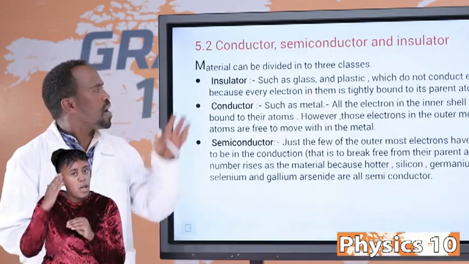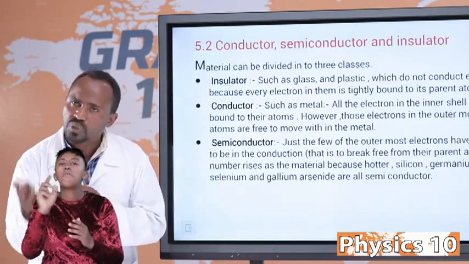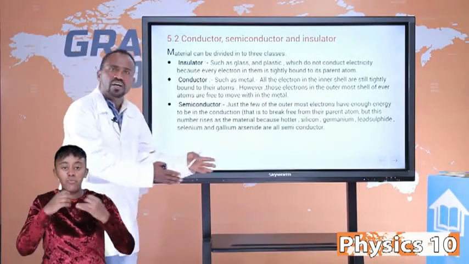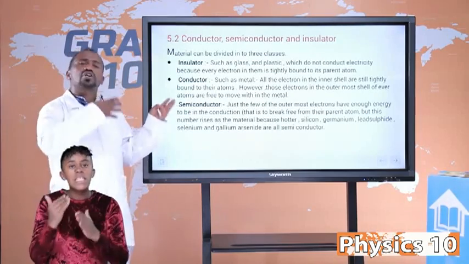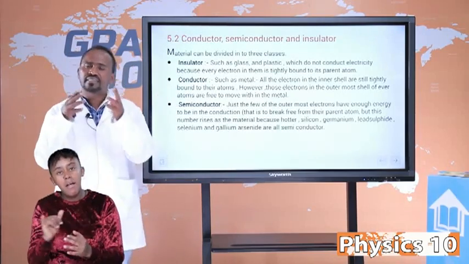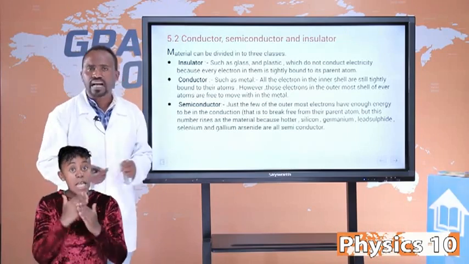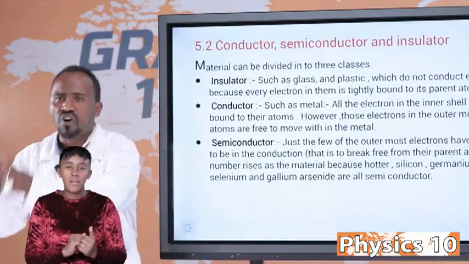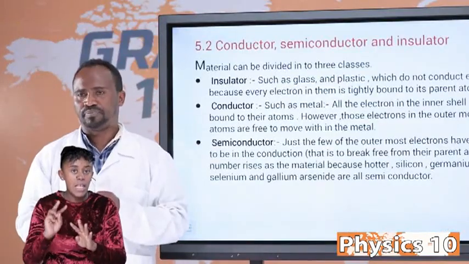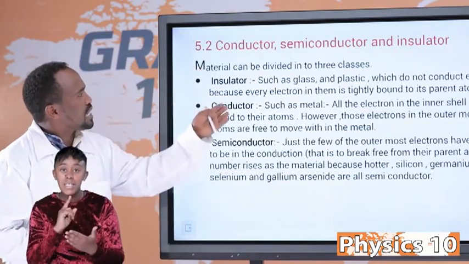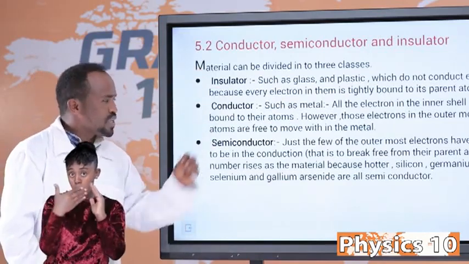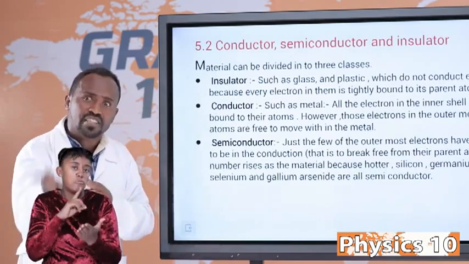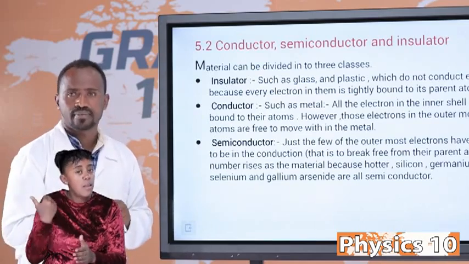I think you know in more detail which one is an insulator and which is not, and which one is a conductor and which is not. You also know semiconductors, like silicon. It is a semiconductor because it is intermediate between conductor and insulator. It has 4 valence electrons in its outermost shell. This is a revision for you because you learned it in the last class.